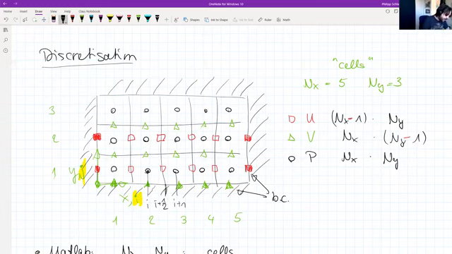So the X momentum equation is always solved at those points, I plus 1/2 and J. Similarly, the vertical momentum equation is solved, if this is point J and this is J plus 1, at J plus 1/2.